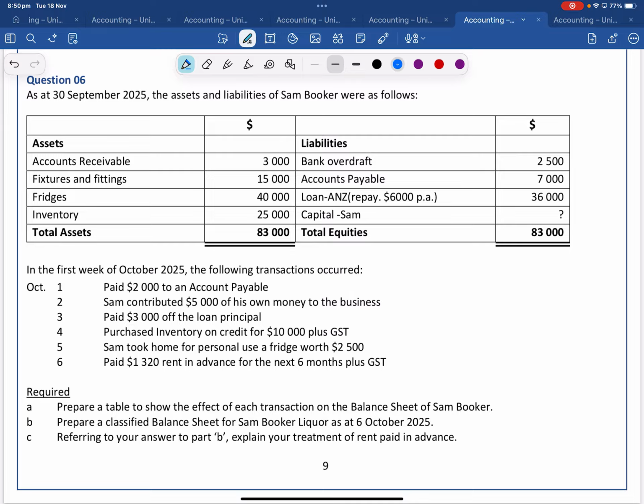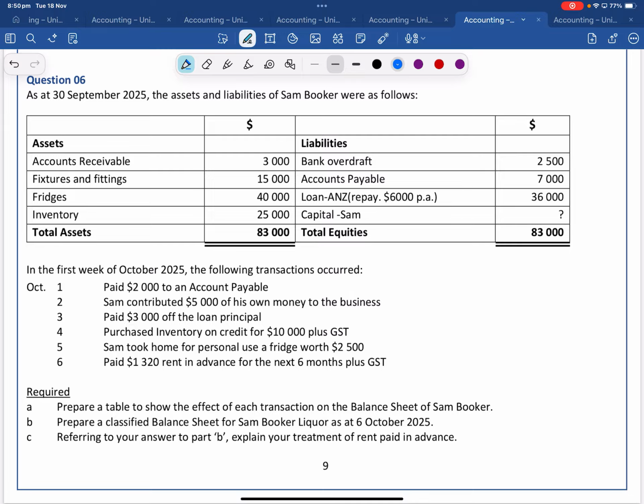For this question, it says the loan to ANZ is repaid $6,000 per annum. So is that paid monthly? It's paid annually, one portion of $6,000 a year. So it's a one-time payment, once a year. But when is that 6,000 paid?